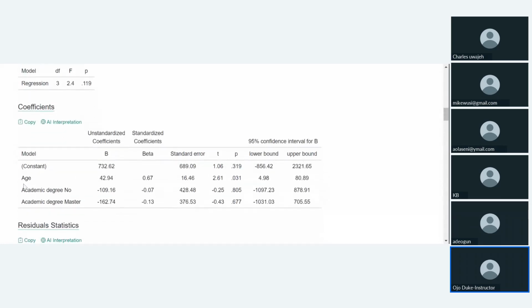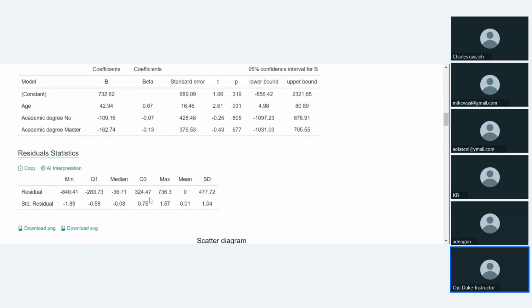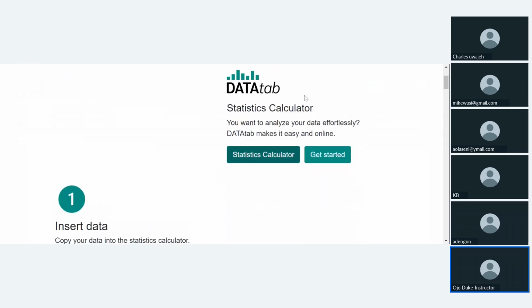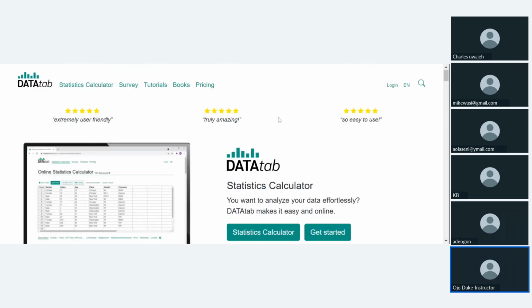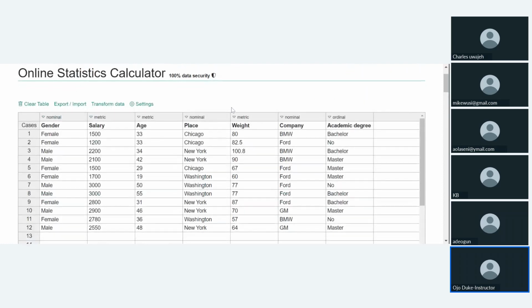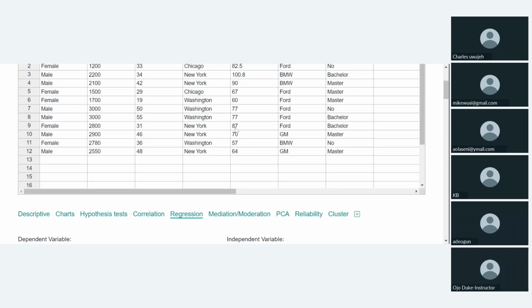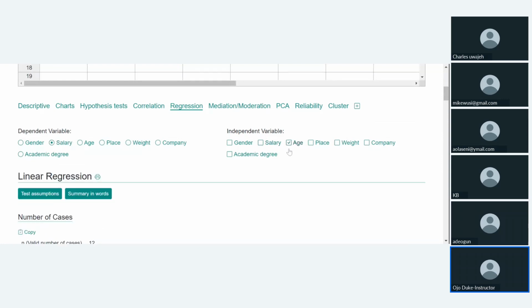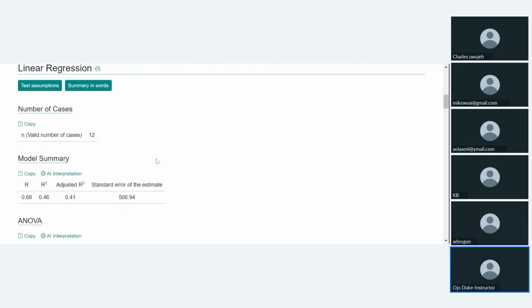So this is the model developed here, and you see that this has not updated. Yeah, I'm reloading the page now. Possibly it will come up better. Okay, let's do that now. Dependent variable is salary, and independent variable is age.